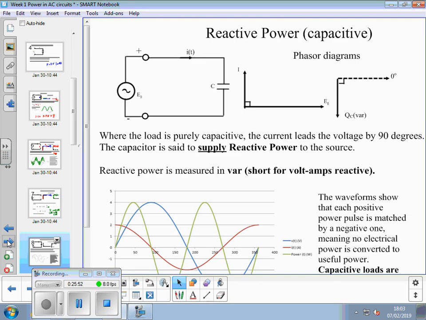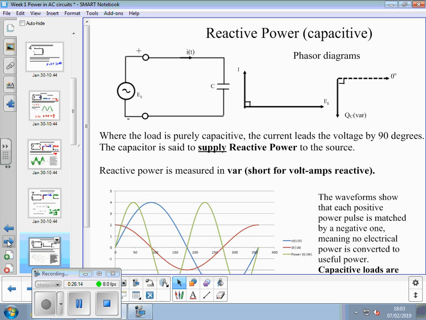Okay, so that was reactive power inductive. Now reactive power capacitive. We could have a pure capacitor without any resistance, again not wholly achievable. We can probably get a bit closer to that than we can the pure inductor, but we can't get all the way there.